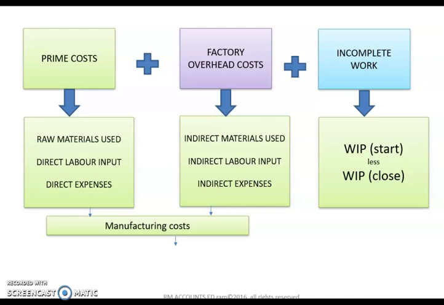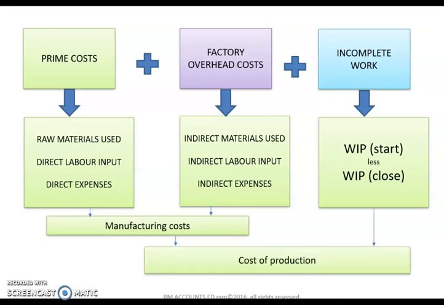And if we add the incomplete work onto that, then all three together will be called the cost of production. Of course, if you get a question that did not include incomplete work, then common sense will tell you that the manufacturing cost would then become the cost of production. So in a nutshell, that is your manufacturing account.